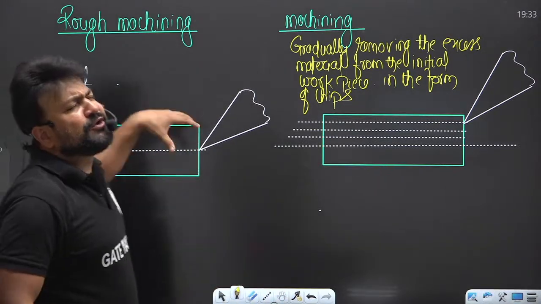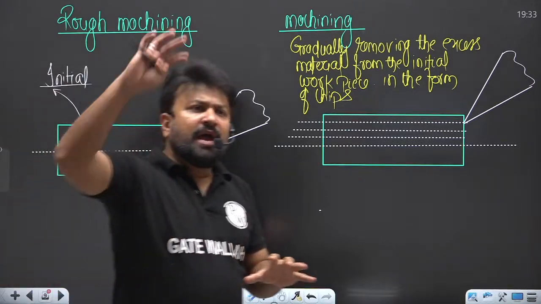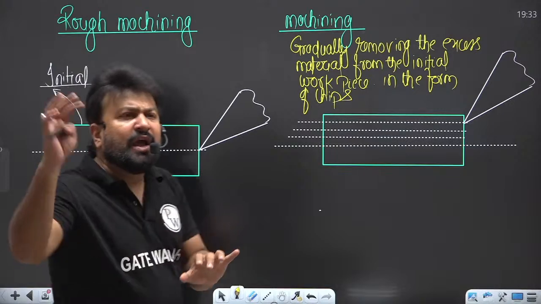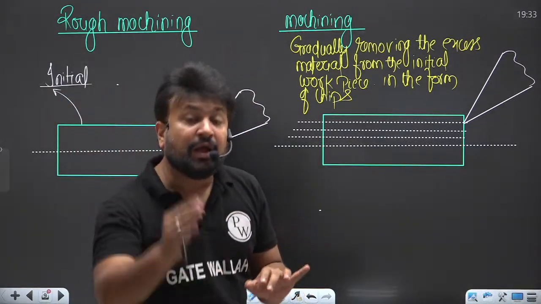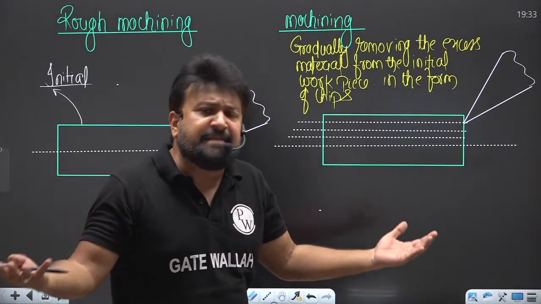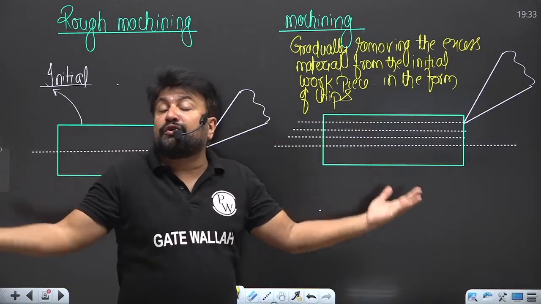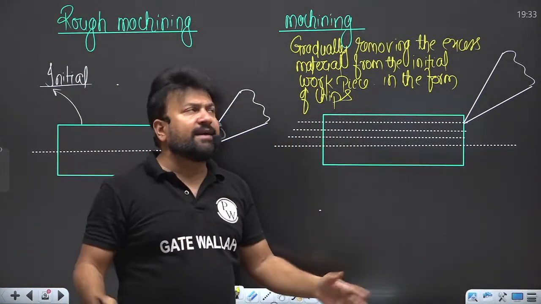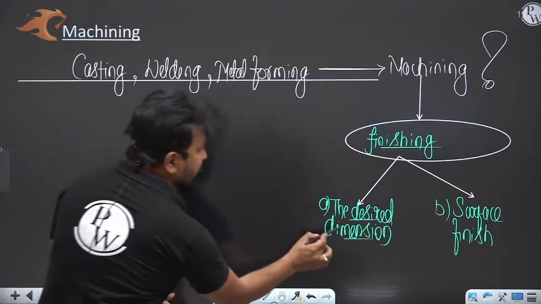Why? If you remove the excess material in one stroke, then there may be a problem. Either you will not get the desired dimension, or you will not get a good surface finish. So you will not achieve your objective. And what is the objective?